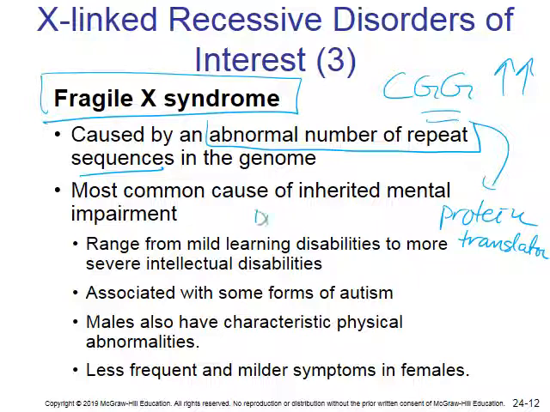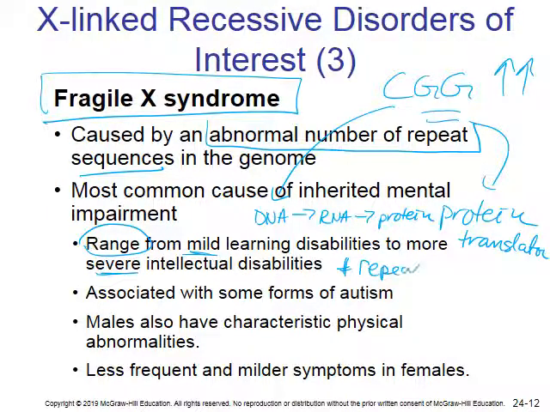So remember, DNA codes for RNA, and then that codes for our protein. So this is going to disrupt some of the protein products that we can make the more repeats we have. So this is why you can see a range from mild to severe. It depends on the number of repeats.